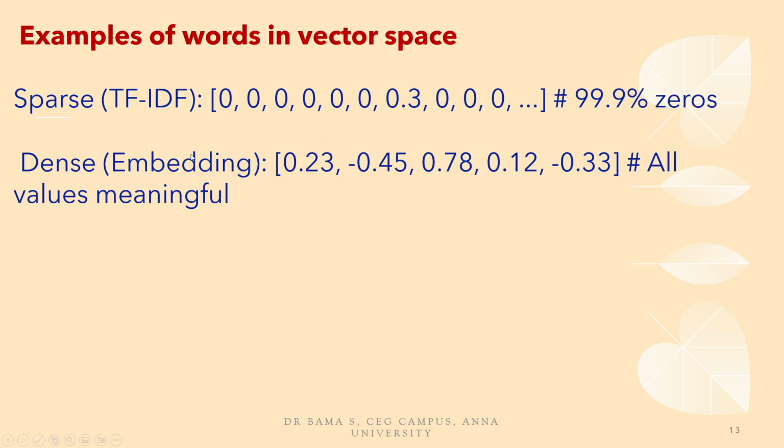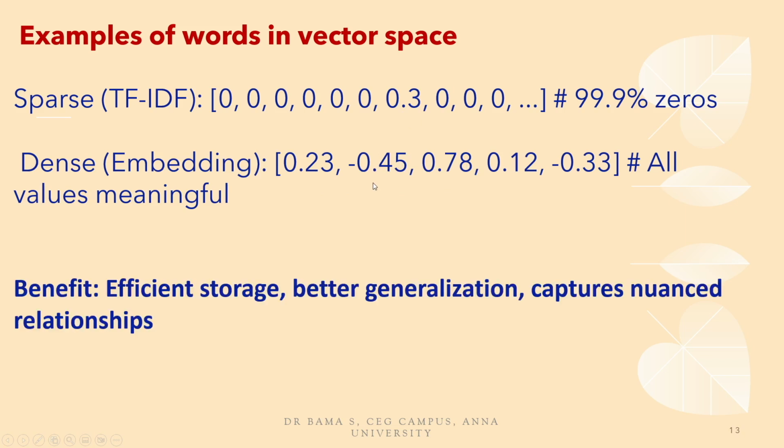And if you take it after embedding, compared with TF-IDF, here there are some numbers as a vector, with some negative values which indicate the direction. And when we compare the earlier one with this dense embedding, the number of values is less, the dimension is less, and these values all represent some meaning with respect to the vector space.